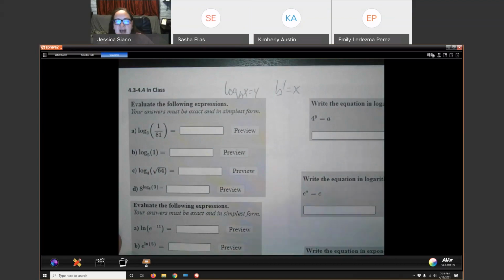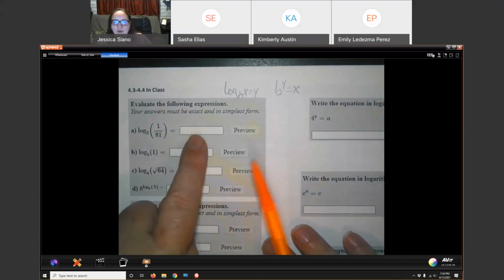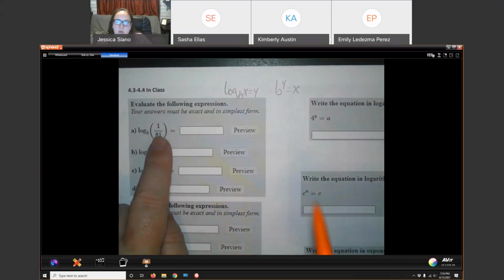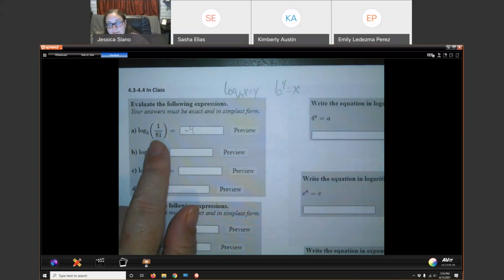So really, I'm asking you, 3 to what is 1 over 81? What would I raise 3 to get to 1 over 81? Well, 3 to the 4th is 81, and in order to get the reciprocal, you make the exponent negative. So 3 to the negative 4 is 1 over 81.